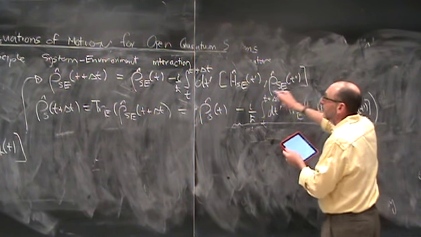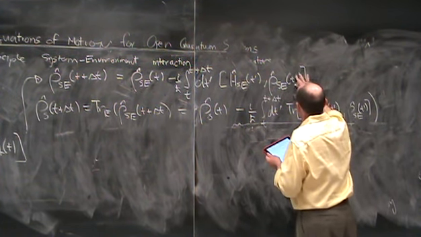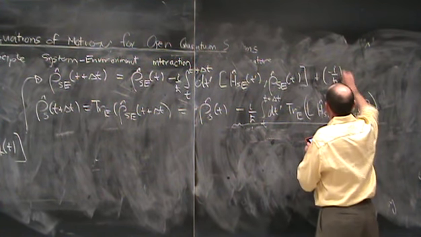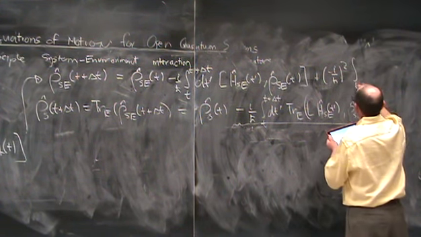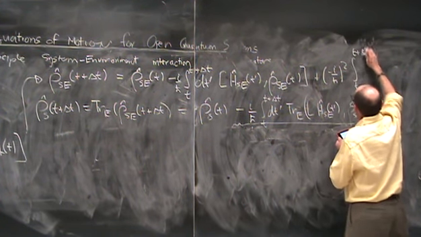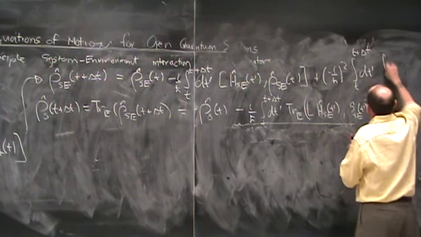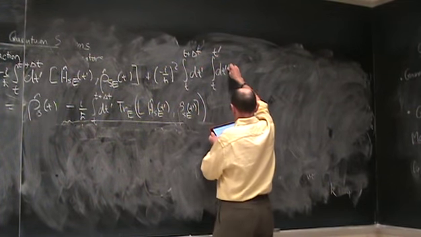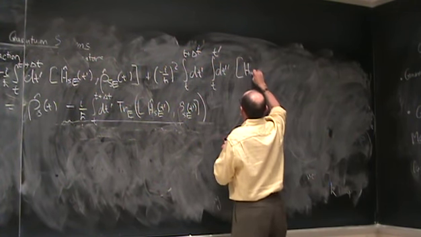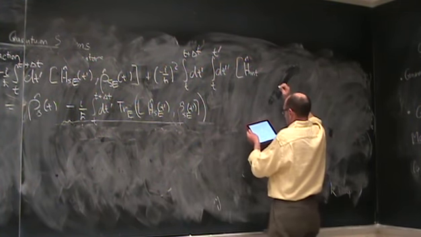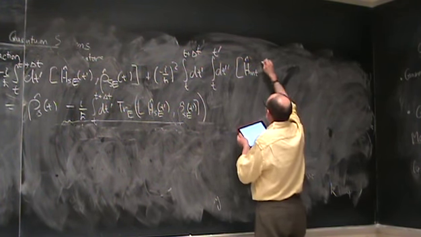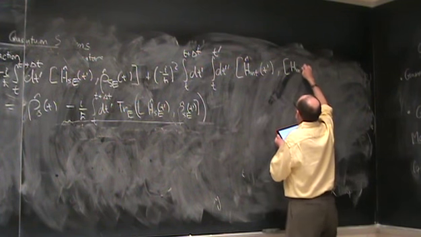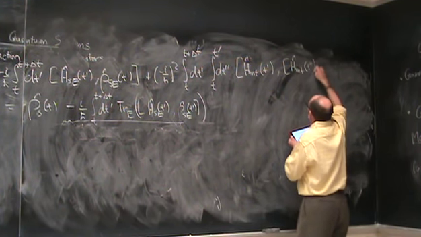I plug this back in, this becomes ρ(t), and then I get plus minus i over ħ squared, the integral from t to t plus delta t dt', integral from t to t' dt'' H_in(t')H_in(t'').